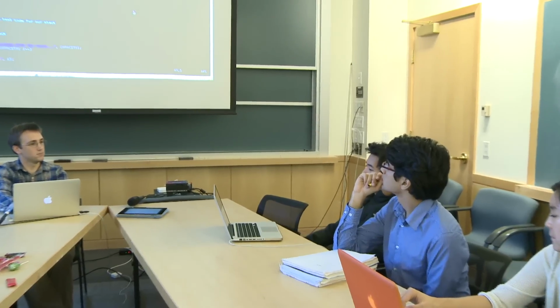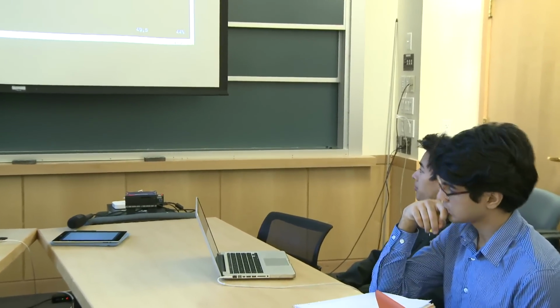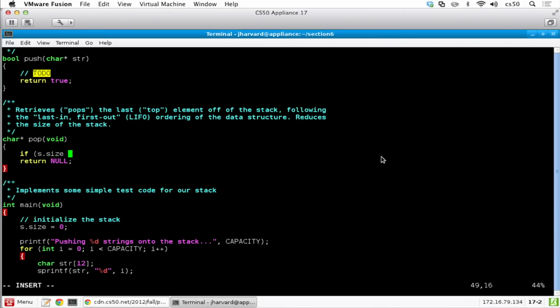If s.size is greater than 0. And why did you do that? To make sure that there was something inside the stack. Right. You want to test to make sure that s.size is greater than 0. Otherwise, what do you want to have happen? Return null. Exactly.